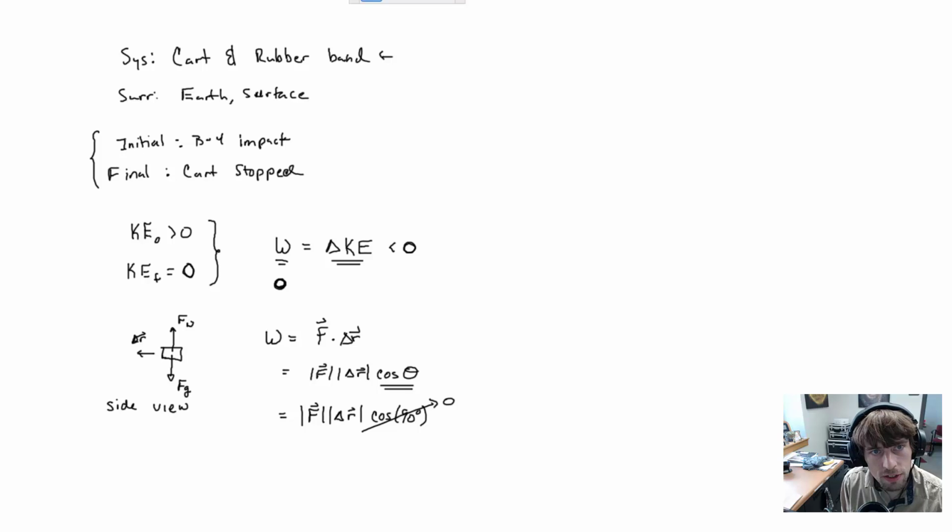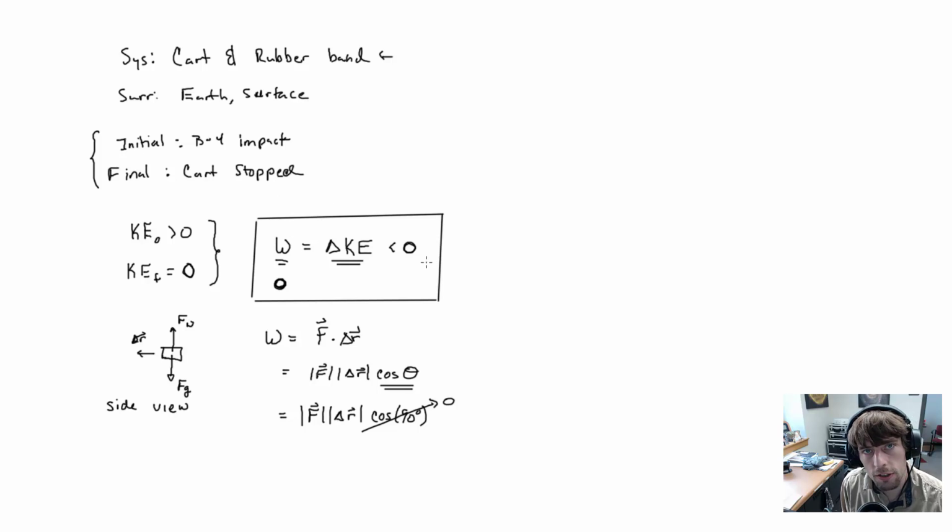It looks like this equation is not correct, right? The work is 0, the kinetic energy change is less than 0. It looks like this equation is bogus. And indeed, you could argue that this equation is bogus. It's bogus because we have two objects, and implicitly we're actually thinking about them as two separate objects.